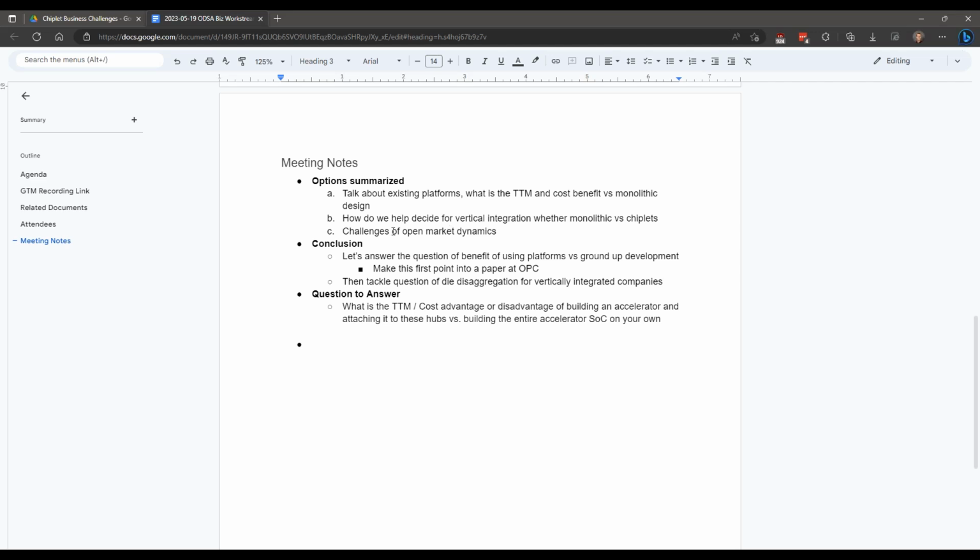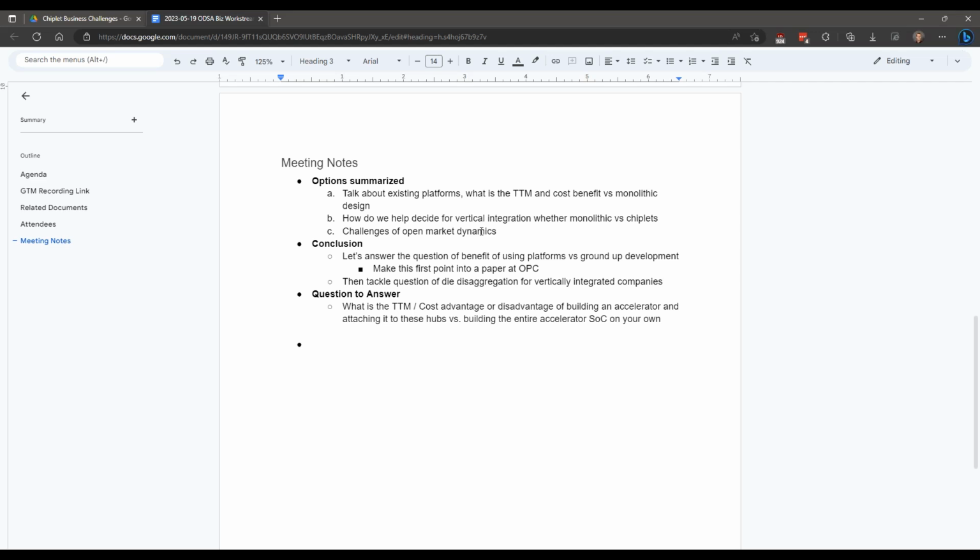That would be one. The next step would be to assemble information that helps you decide if you want to use chiplets for a vertical integration use case, and what you have to consider for chiplets versus using a monolithic design.